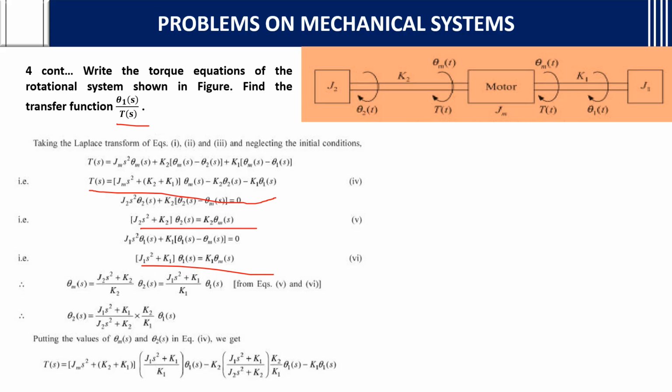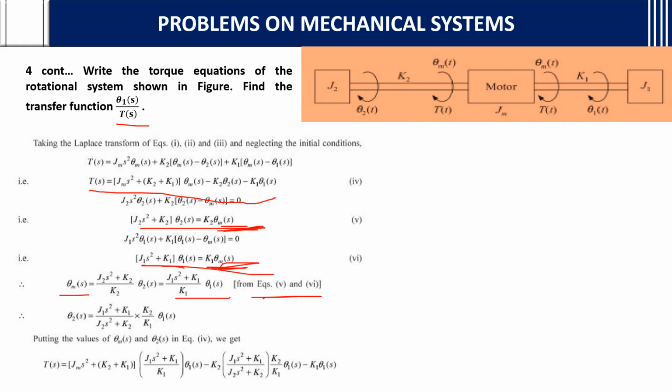From equations 5 and 6, this is also in terms of theta m of S. Theta m of S can be written from this equation as J2 s square plus K2 into theta 2 of S by K2. Again theta m of S will be equal to J1 s square plus K1 into theta 1 of S by K1.